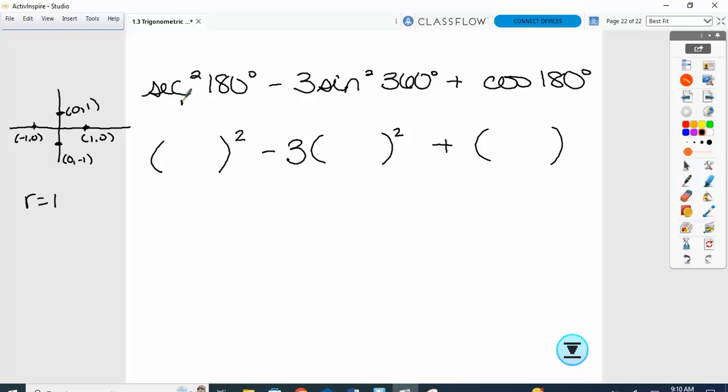R over x. It's the reciprocal of cosine. Cosine is x over r, so this is r over x. So at 180, 180 puts me here. My r is 1 divided by negative 1, negative 1.